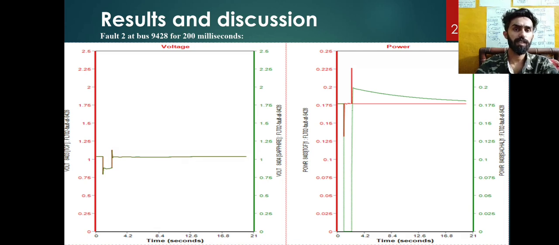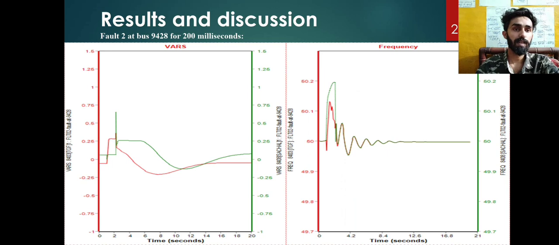We applied a fault at a different bus, 9428, for 200 milliseconds, and checked the comparative behavior of the system. You can see the voltages in this system somehow lagged at a certain time, and again stabilized themselves after a certain time.